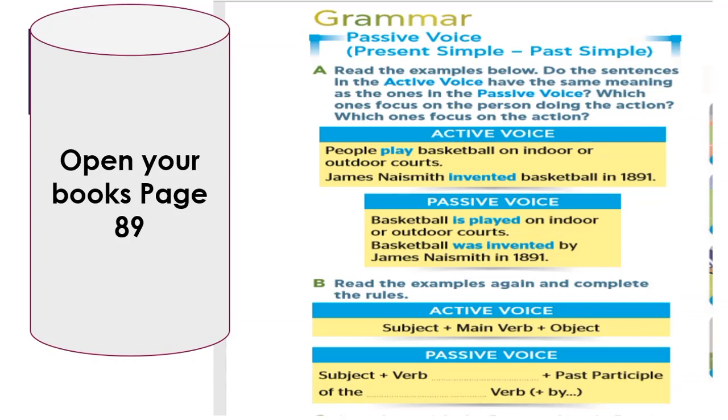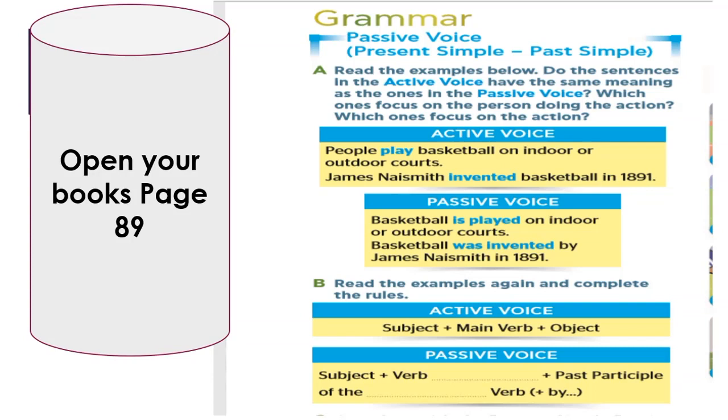Basketball was invented by James Naismith in 1891. Read the examples again and complete the rule. Active voice استخدمنا subject الفاعل plus the main verb plus the object. Subject الفاعل people، الفعل play، الobject basketball.